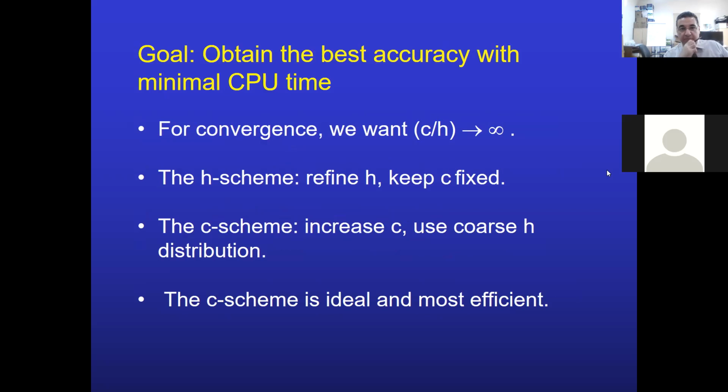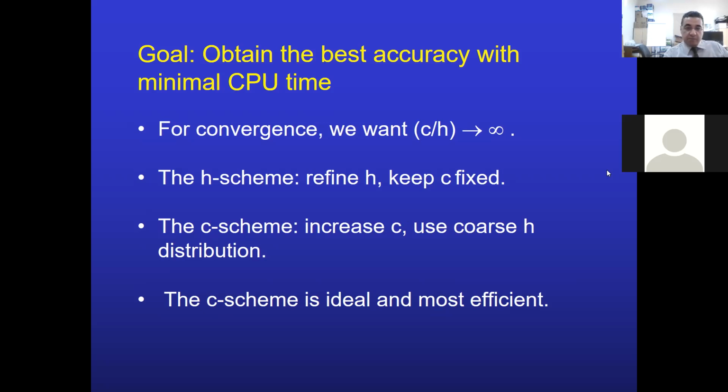If you want the best accuracy with the minimum CPU time, you want this ratio of the shape parameter over the spacing to go to infinity. The H scheme is one in which you refine the distance, keeping the shape parameter fixed, and the C scheme means that you increase the shape parameter and you can use a coarse distance spacing.